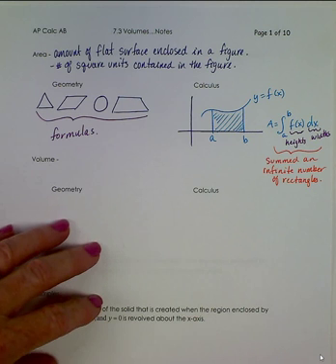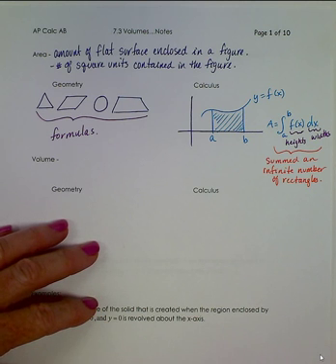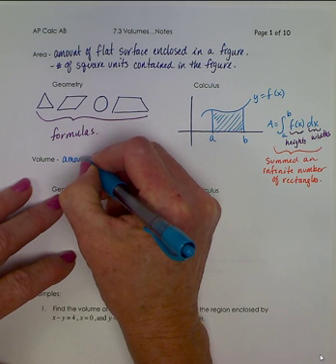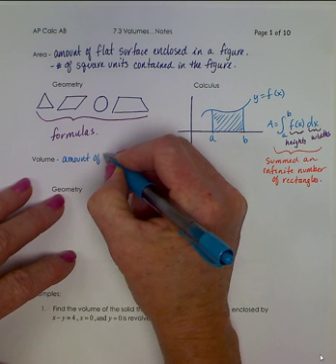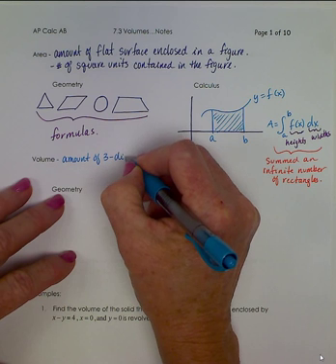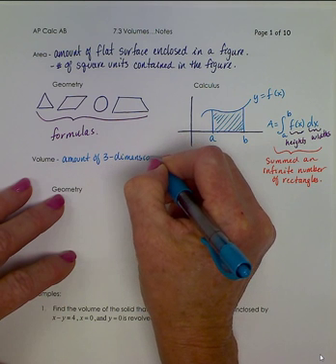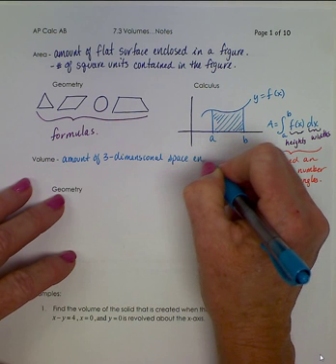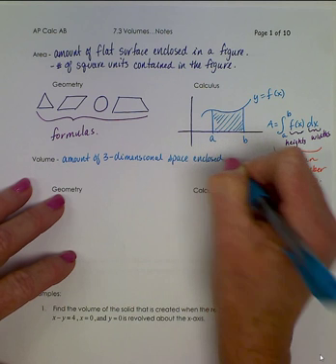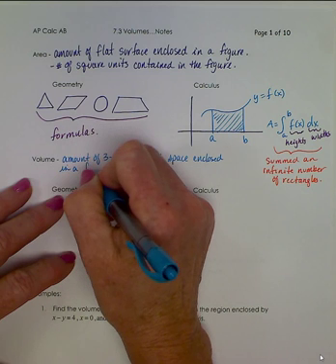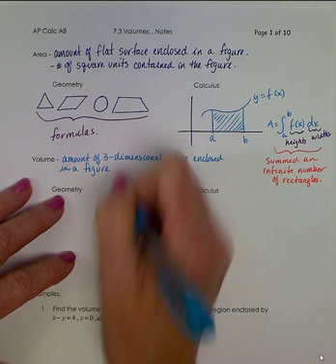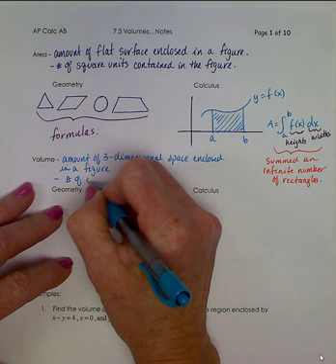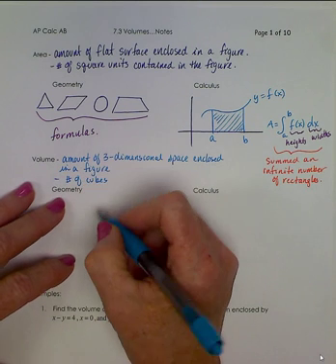Volume is the amount of three-dimensional space enclosed in a figure. It's also the number of cubes inside of a three-dimensional shape.